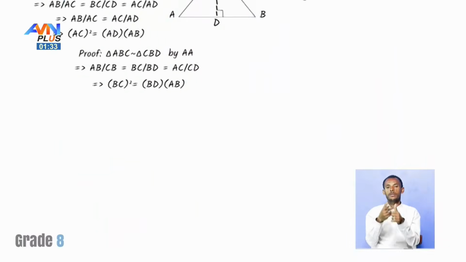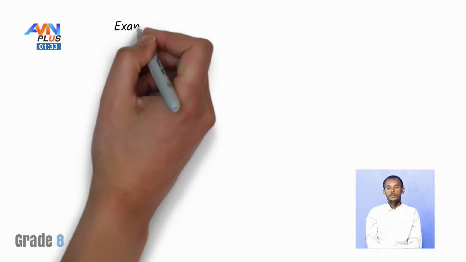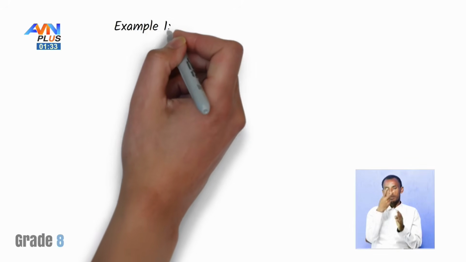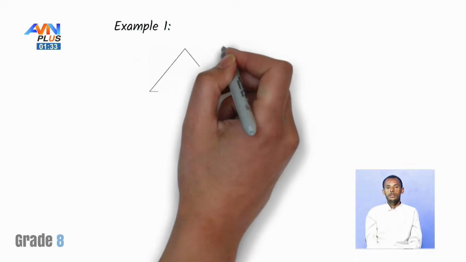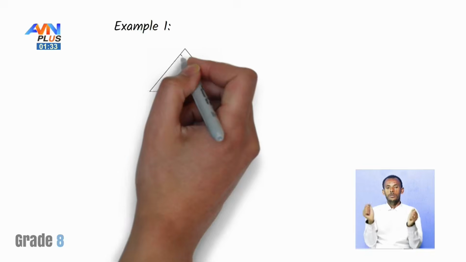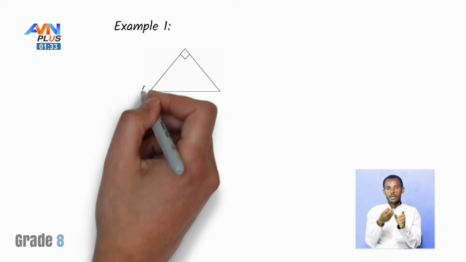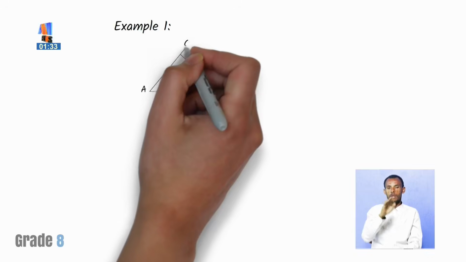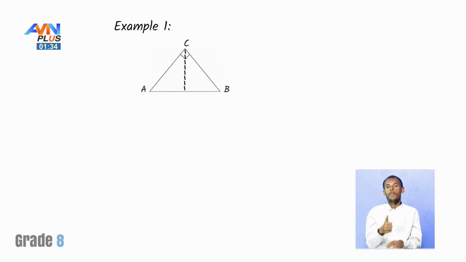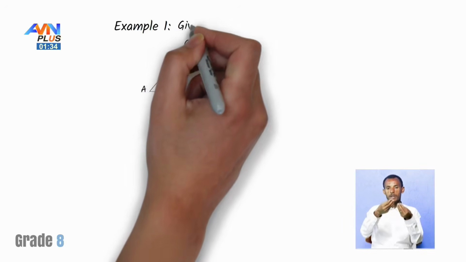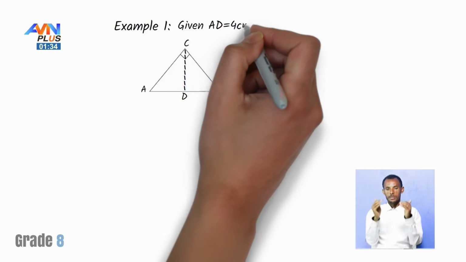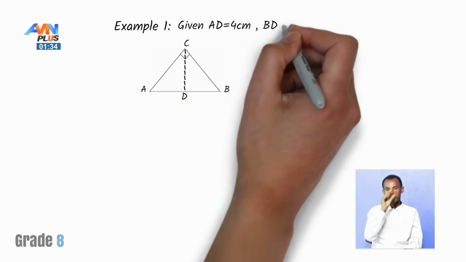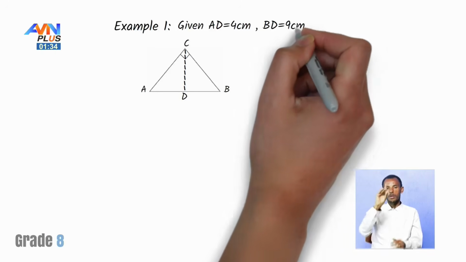The first example, let's see the first example. Given a certain triangle with 90 degree at some point, say A, B, C, with an altitude drawn from C to some point D, given in the figure below, given AD is 4 centimeter and BD is 9 centimeter.